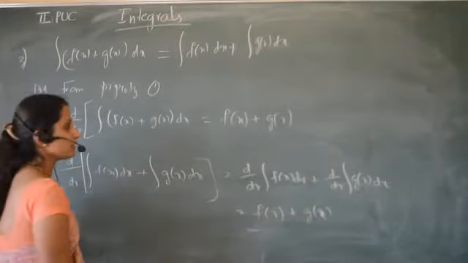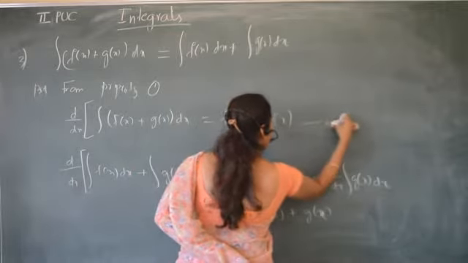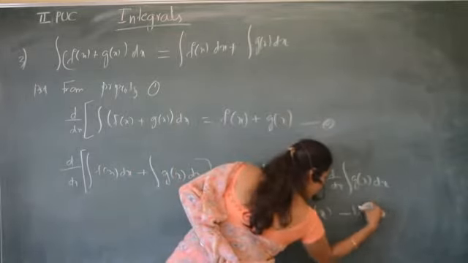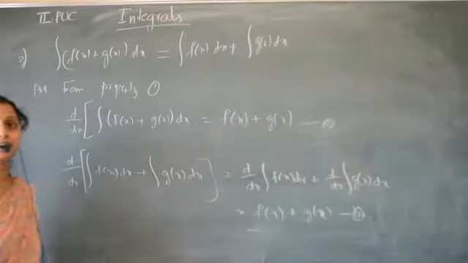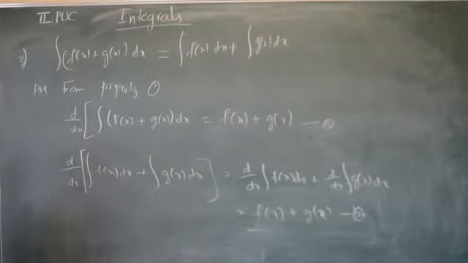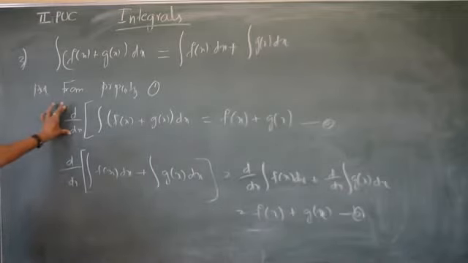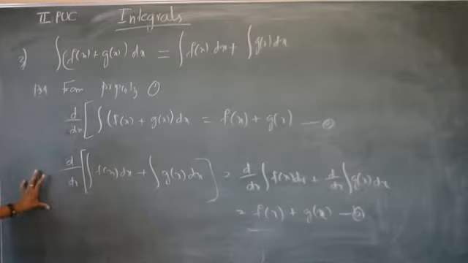So I will consider this as A and this as B. So when we see A and B, what do we get? From A and B, the derivative of the integral of f of x plus g of x dx can be written as the derivative of the integral of f of x dx plus the integral of g of x dx.